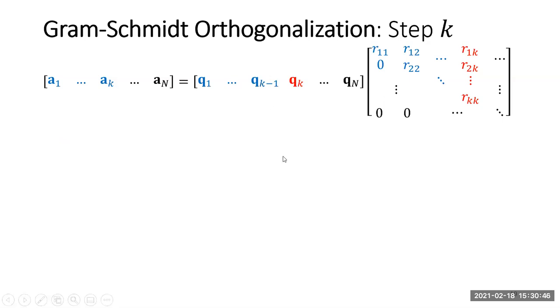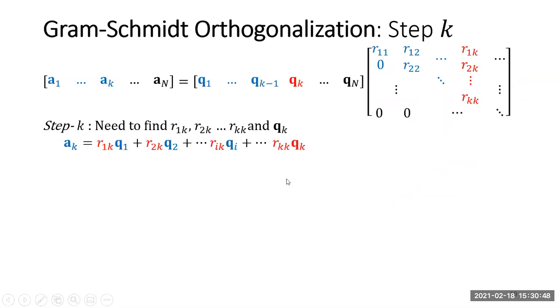So even though Qk is unknown, we know a priori that it is orthogonal to Qi, so Qi transpose Qk will again be equal to 0. In fact, all the terms will become 0 except this one. Qi transpose Qi will be equal to 1. So what we will be left with is Rik.